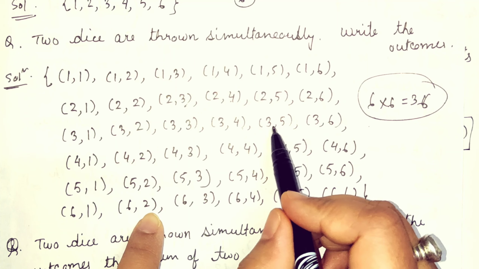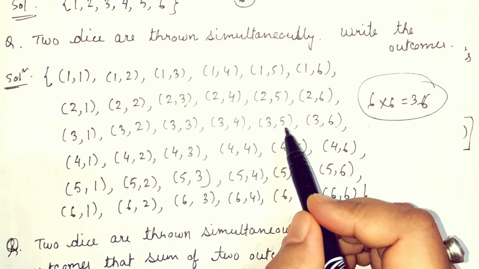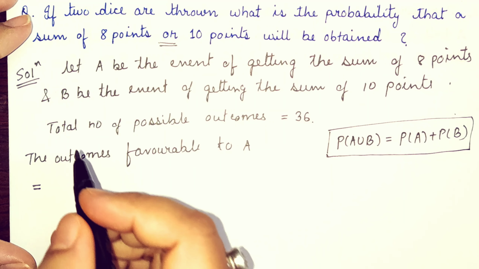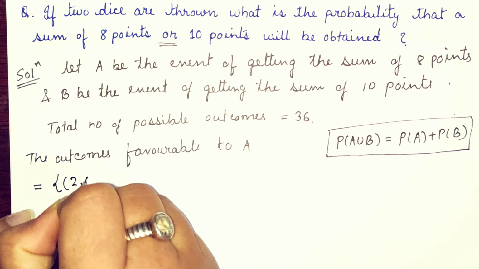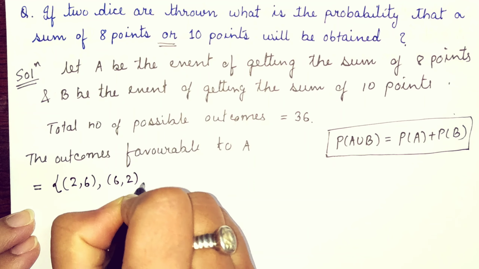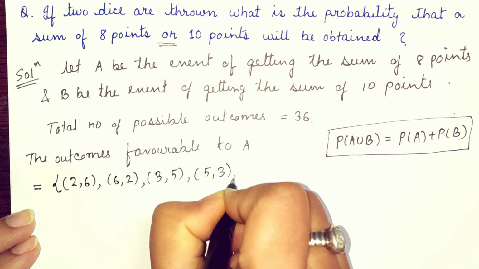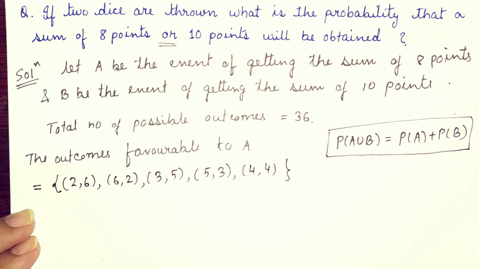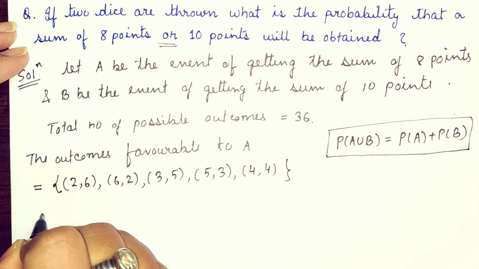Here 3 plus 5 is 8, 5 plus 3 is 8, 4 plus 4 equals 8. So these are the outcomes for event A. We will write down the outcome values: (2,6), (6,2), (3,5), (5,3), (4,4). These are the values favorable to event A.